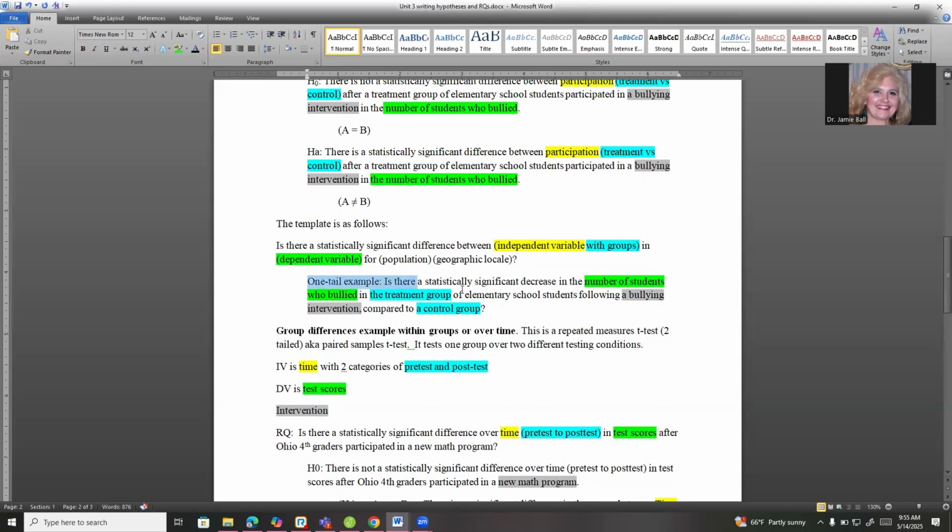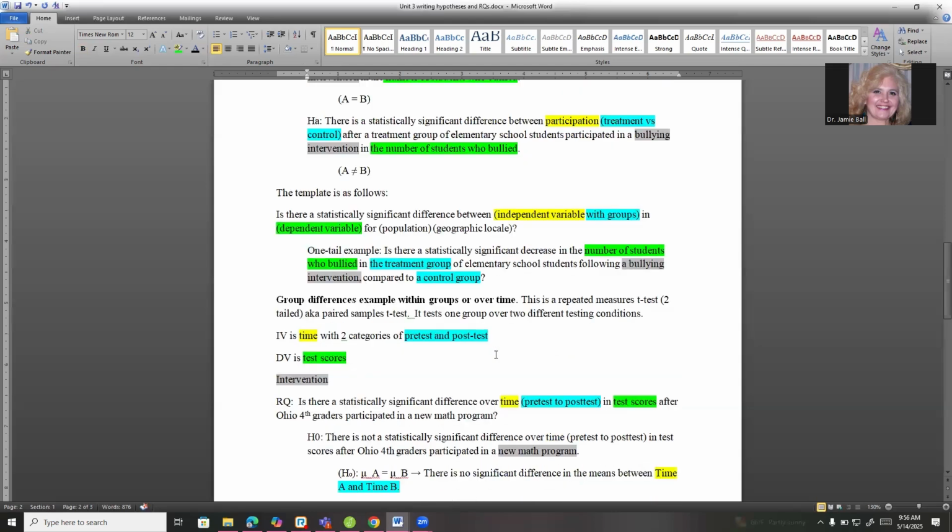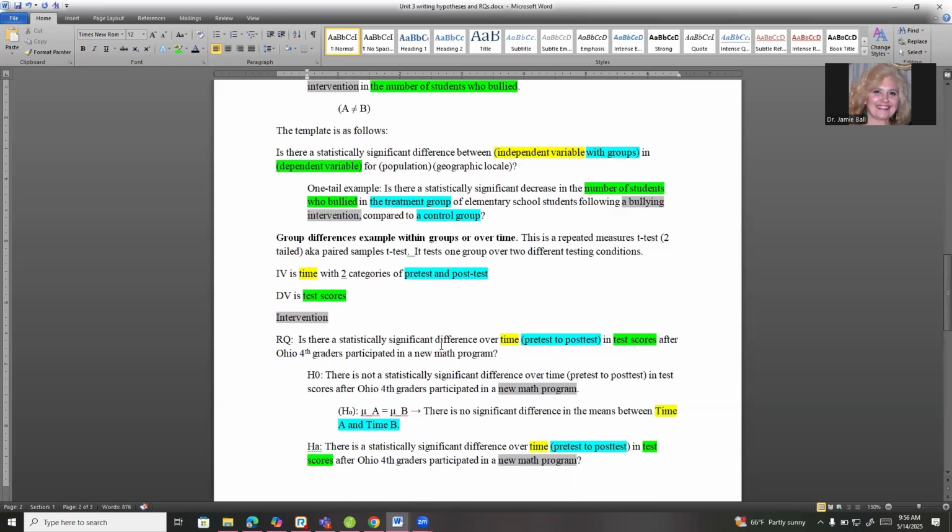So here's a one-tailed example right here. Is there a statistically significant decrease in the number of students who bullied in the treatment group of elementary school students following a bullying intervention compared to a control group? Now notice my template doesn't exactly fit, but it's close, right?